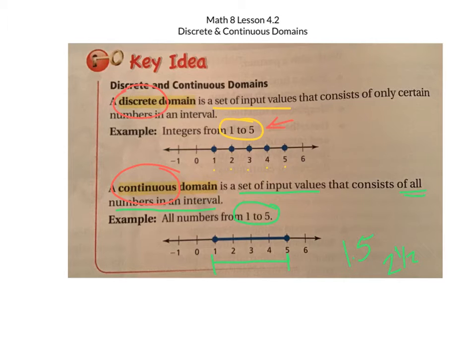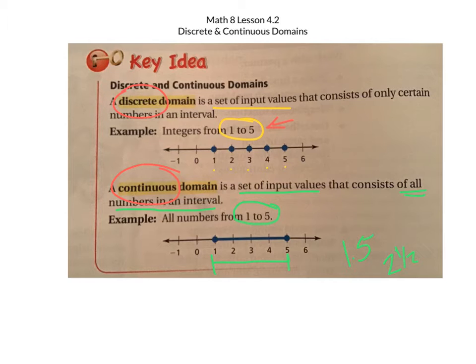I have to buy the entire book. So that would be a discrete domain. A continuous domain would be, what if you're reading a book? I could read a portion of the book. I mean, I could read all of the book, but you could read a half of the book or 3/4 of the book. That would be a continuous domain. If you can break it into portions, then that's continuous.